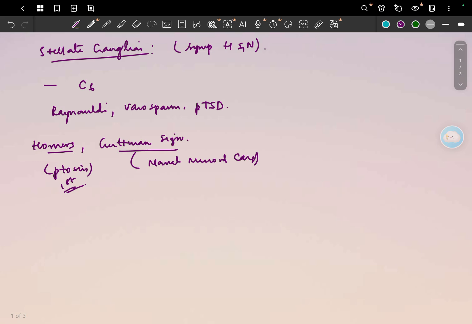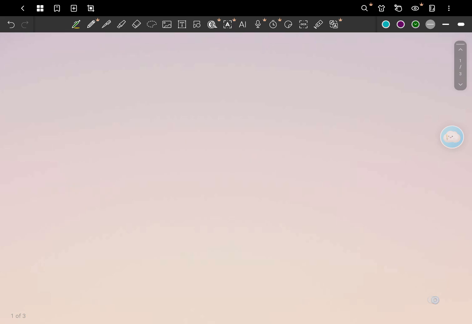Now next we'll be seeing about neuraxial block. In neuraxial block we have epidural anesthesia and spinal anesthesia.